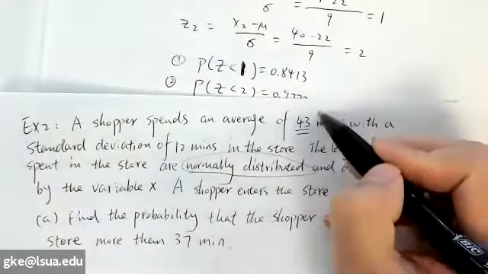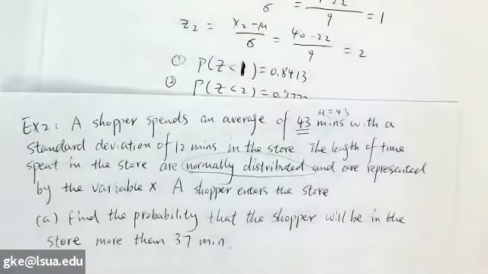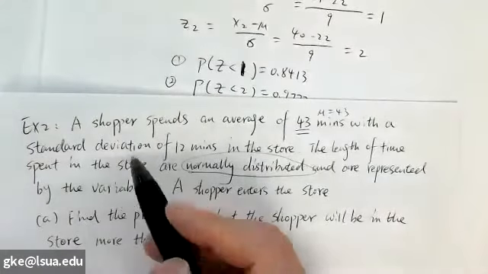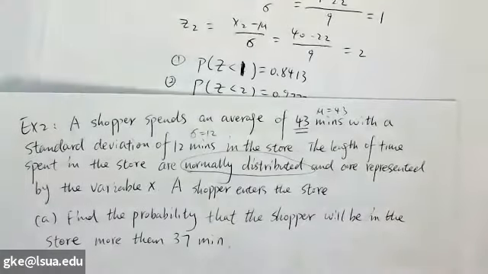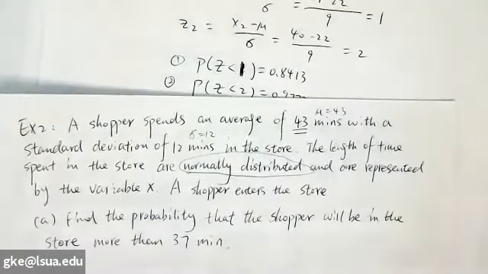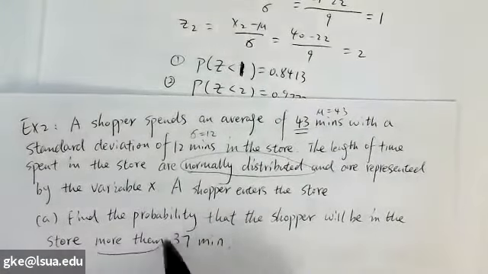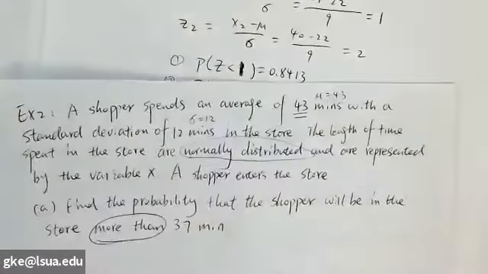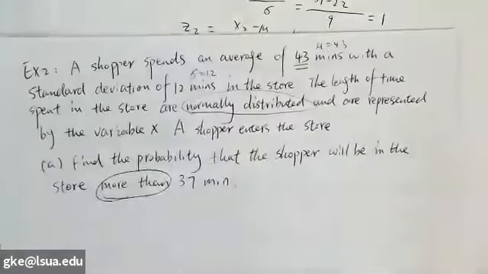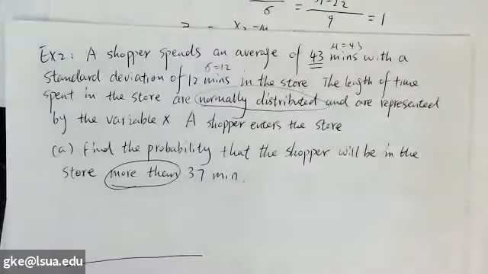That means mu equals 43. And the standard deviation is sigma equals 12. Okay. And of course, here's the keywords, more than. Wow, more than.